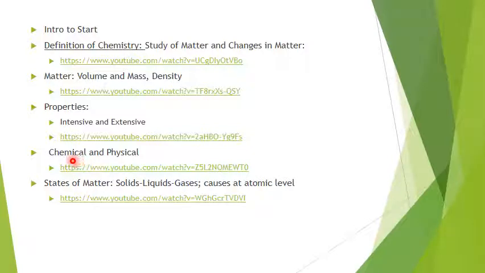And then you have chemical and physical properties, which can be tied in with the intensive, extensive. And then finally, states of matter, and why they are what they are at the atomic level. So why are solids what they are at the atomic or molecular level? And that talks about this.